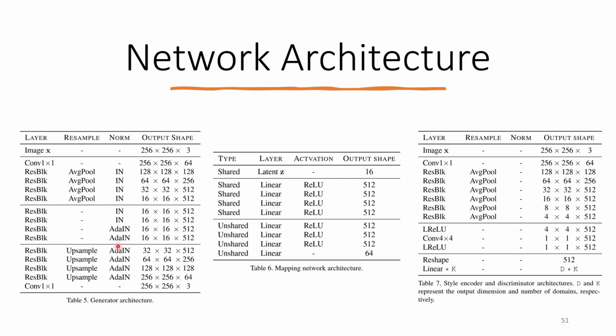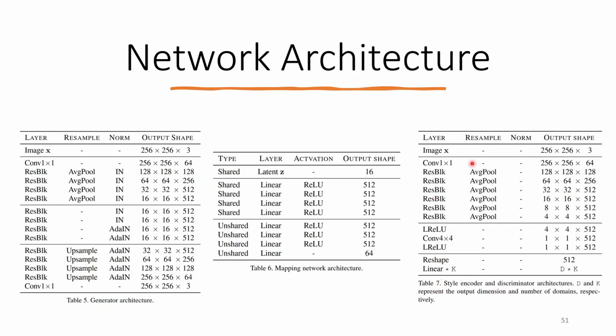That's the reason why they can transfer styles from one image to another image, because they can control the parameters in these adaptive instance normalization layers. Okay, so this is the style transfer.